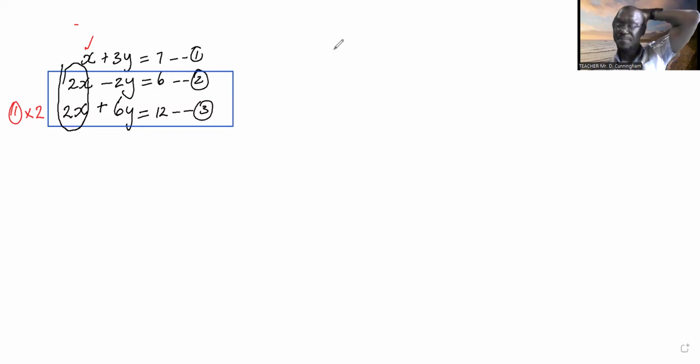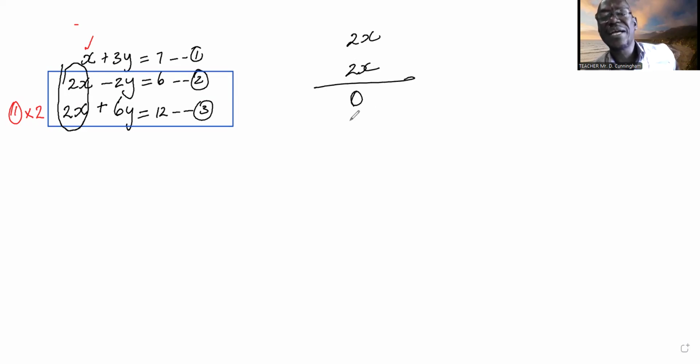Jadon, tell them. Do I add 2x and 2x? I want 0 because I have to cancel them out. Do I add the 2x's or, Jadon, do I subtract them? Subtract.